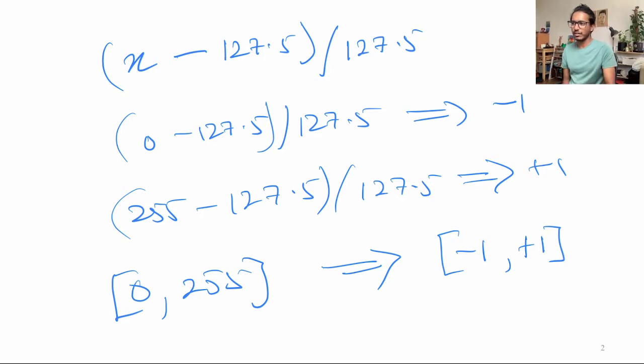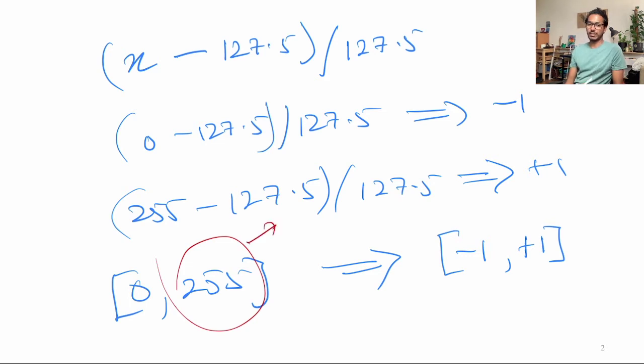There are several reasons for this. When you have large numbers like 255 and do a lot of multiplications, the number could easily overflow, because imagine multiplying by 255 compared to multiplying by 1.